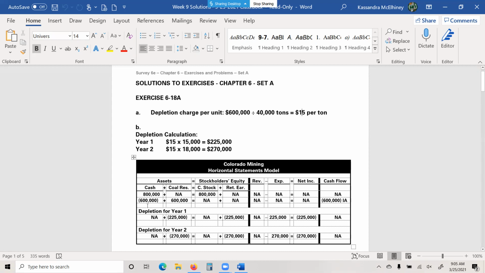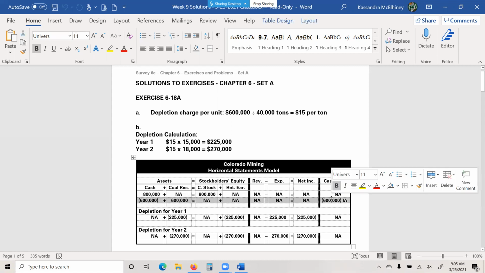They gave us an initial entry of $800,000 cash and $800,000 common stock. To record the purchase of our coal mine, that would be the second line here, which would be to decrease cash by $600,000 and to increase coal reserves for $600,000, which is, of course, a long-term asset.